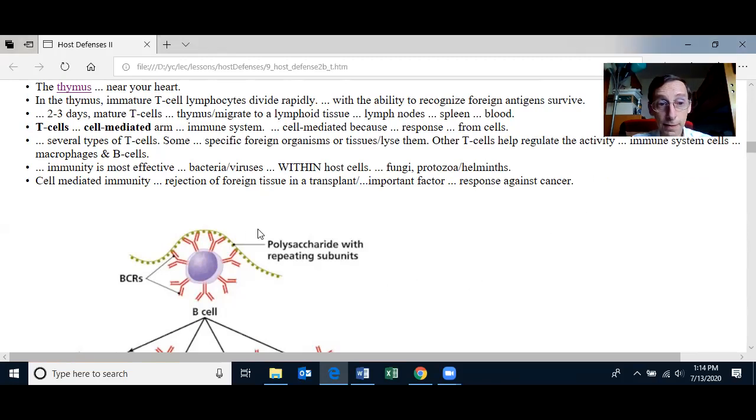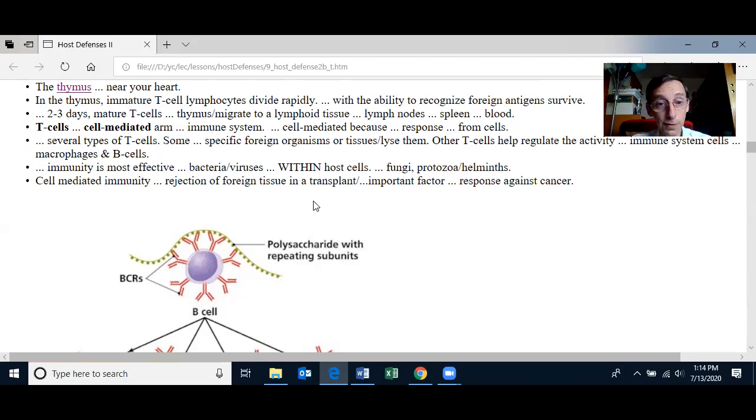The cell-mediated arm of immunity is the arm of the immune system that is responsible for rejecting foreign tissue, like in a tissue transplant or an organ transplant. And these patients, because the immune system will eventually respond to that tissue transplant, unless you get it from an identical clone, meaning you get it from an identical twin, your immune system will reject that tissue transplant.